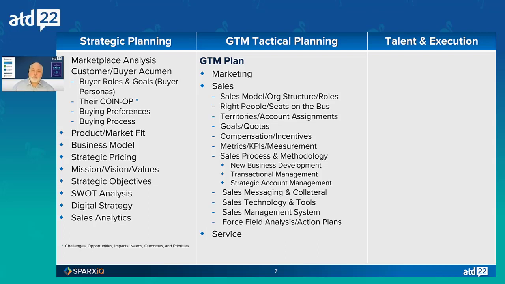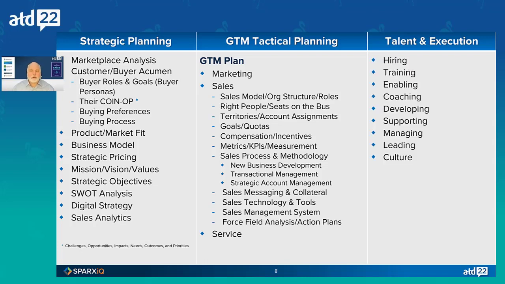Then we've got process and methodology, messaging, collateral, technology and tools. These things sound familiar? This is the stuff sales enablement's made of, right? A sales management system and a cadence, and then even force field analysis or the development of action plans to implement or improve the things above. This is the go-to-market tactical planning stuff. But just doing this stuff without ensuring that you have the things to the left, not as effective as it would be otherwise.